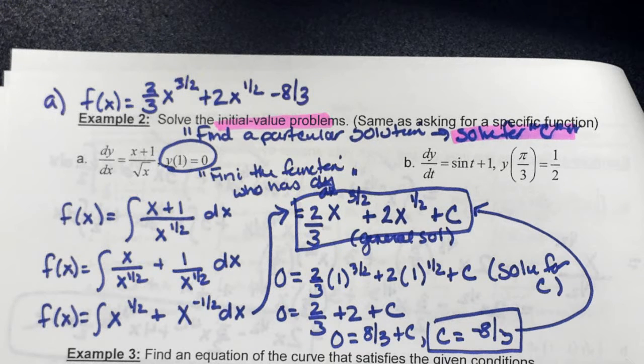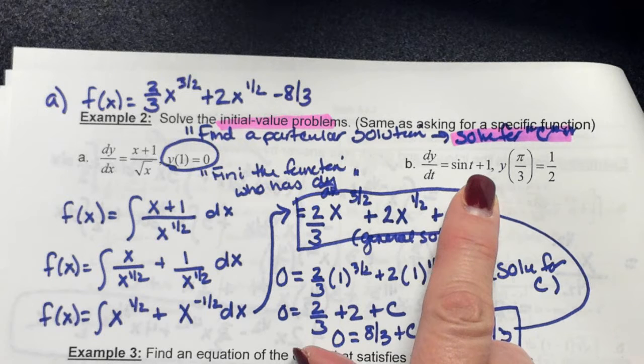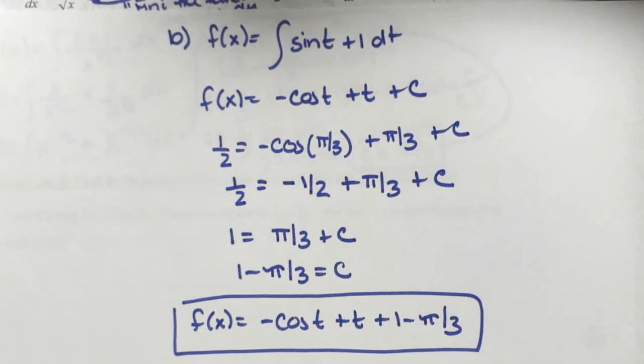Okay. What do you think for part B? What is the integral of sine going to be? Negative cosine. What's your integral of 1 going to be? X. You guys go ahead and try B for me on your own. So hopefully, guys, we came up with this as our final answer.